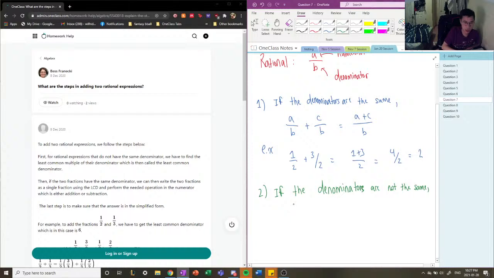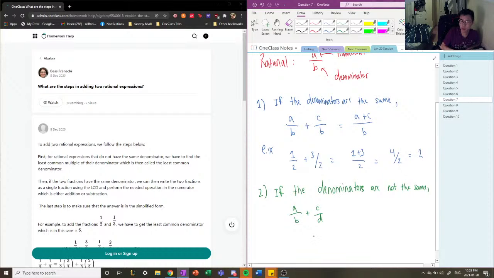Because let's say we have the rational expression a over b plus c over d, right? So we need to make sure that these denominators are the same. So we need to first of all do something else to add these rational expressions together. And the thing that we need to do is find the least common multiple of these two denominators.